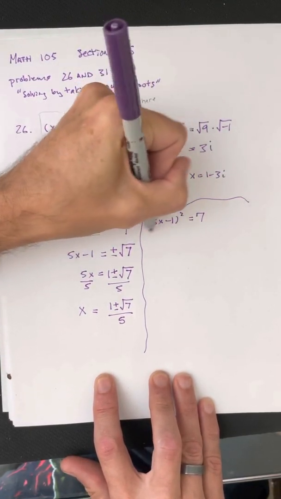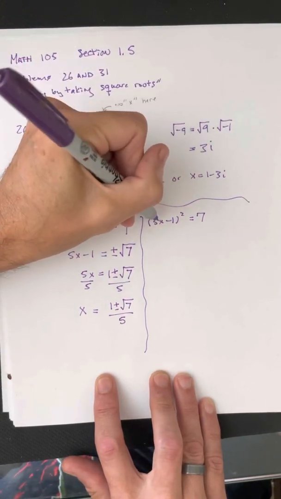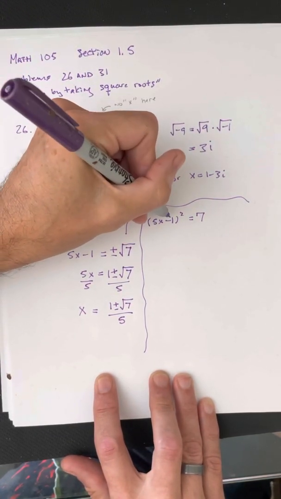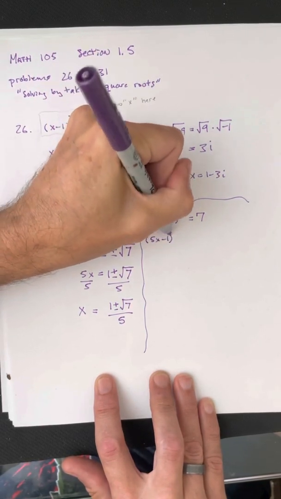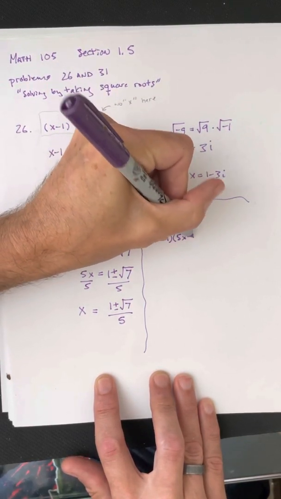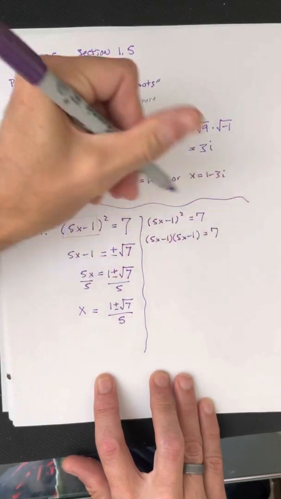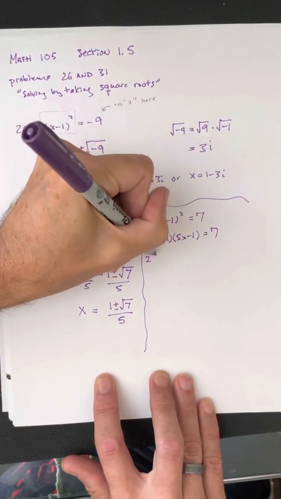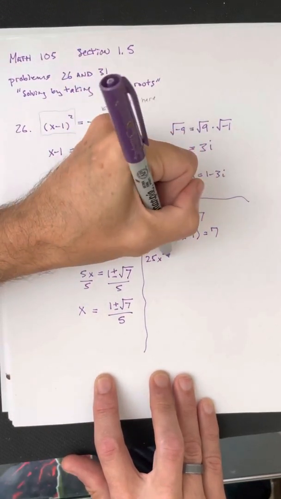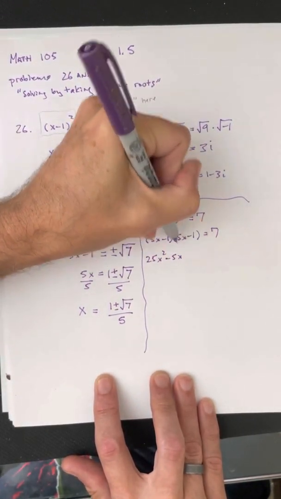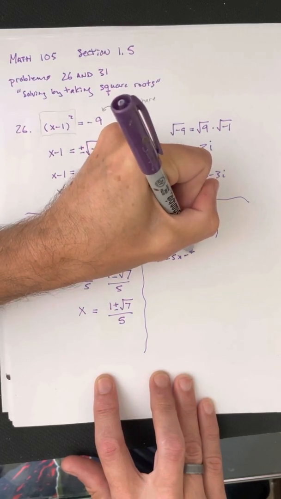I'd have to first expand this out. And notice that's (5x minus 1) times (5x minus 1). So 5x times 5x is 25x squared. And then I get 5x times minus 1, which is minus 5x. Minus 1 times 5x is minus 5x.